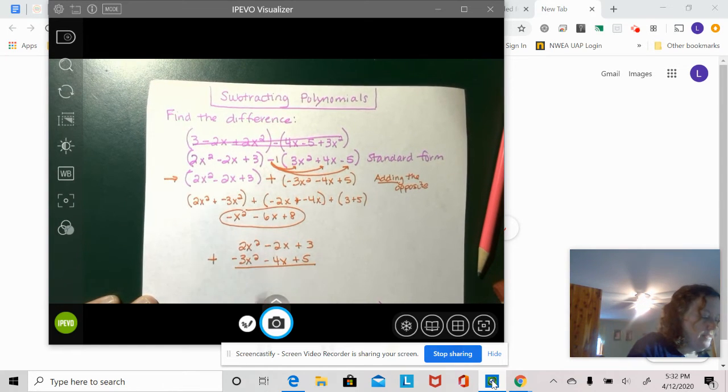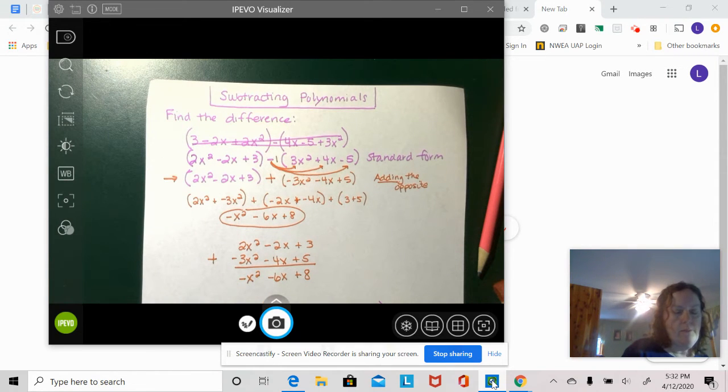We add those together, and we have 8, and we have -6x, and we have -x squared. Okay, so remember, we can't put together unlike terms. If their exponents are different, then they're not like terms, so you can't put those together.